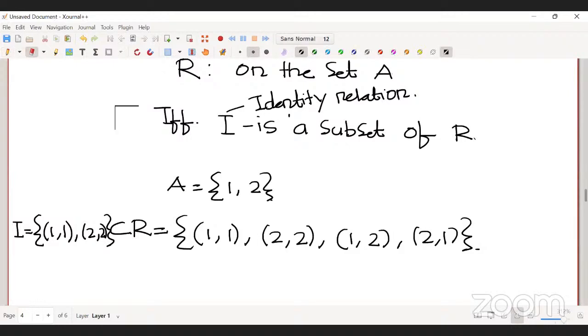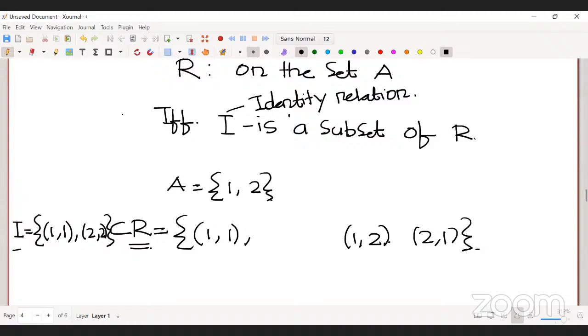What if I remove this one? Even then it's reflexive, because the identity relation is still a subset of R, right? And what if I remove this one instead of (1, 2)? If I remove this one, then it is not reflexive because (2, 2) is not in R, right?